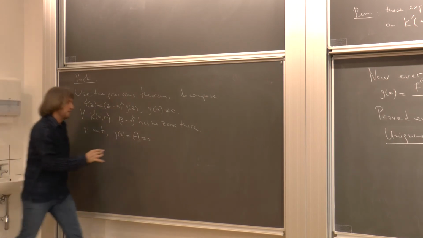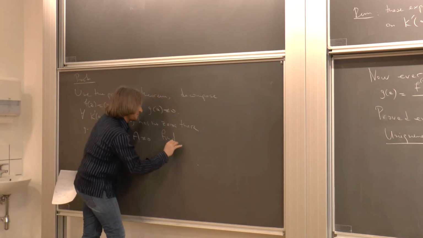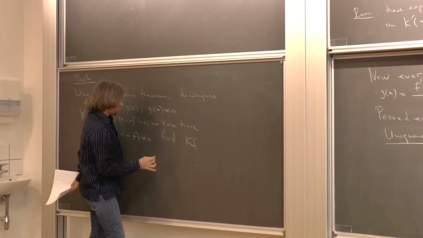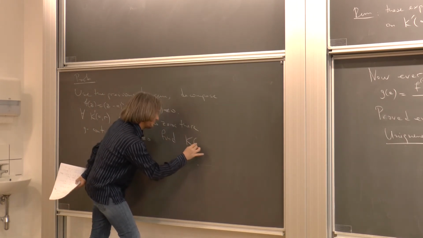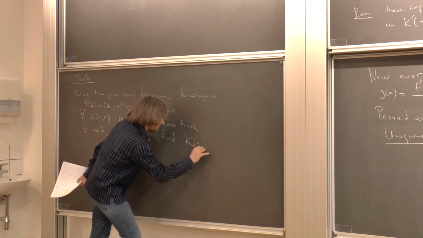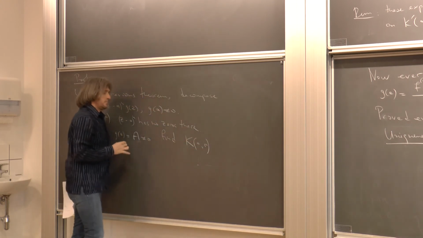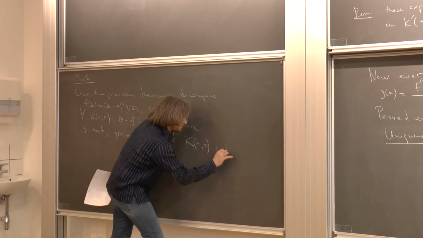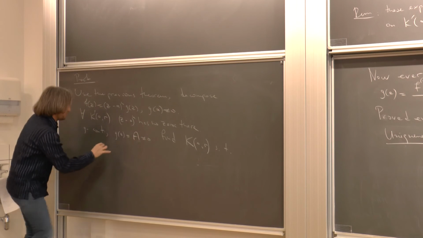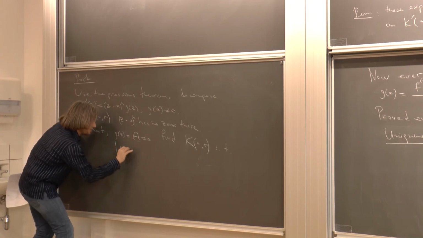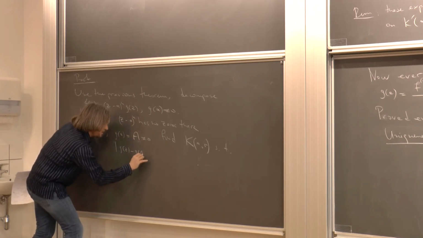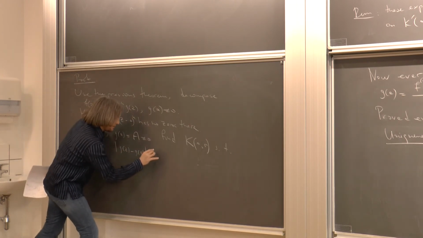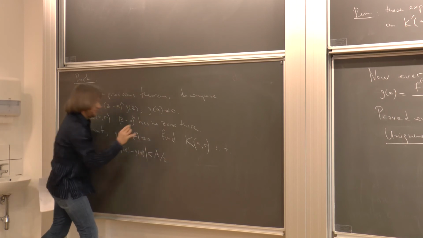We can find some disk for which the absolute value of g of z minus g of a is less, say, than A over 2.